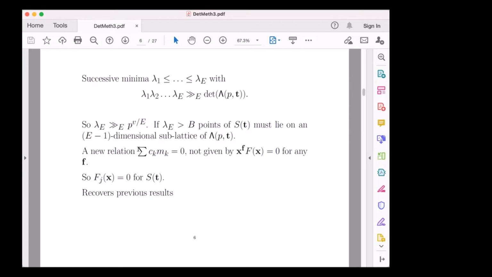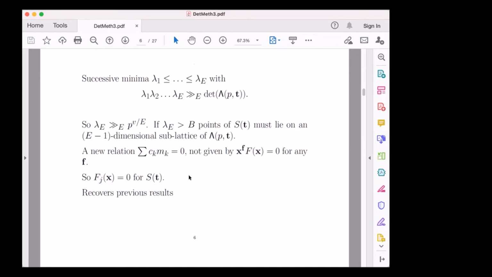And what that means is that there's a new relation of the type ck mk equals 0, not of the type that we originally had. So the original lambda was defined by the obvious relations of this type. We've got a linear subspace, so that's given by something new. And that corresponds to a new equation, fj equals 0.